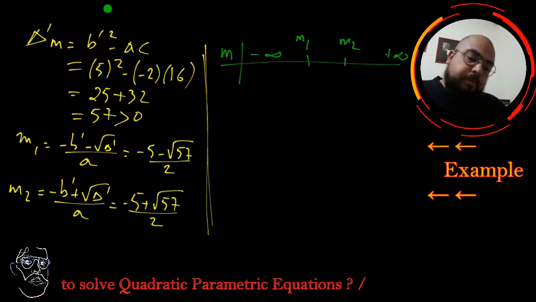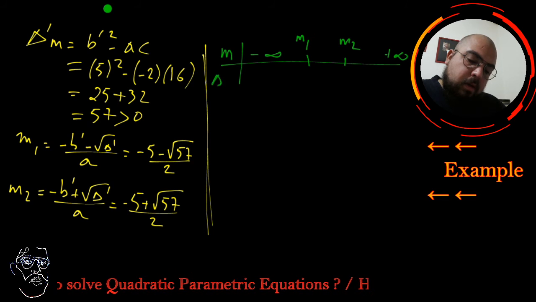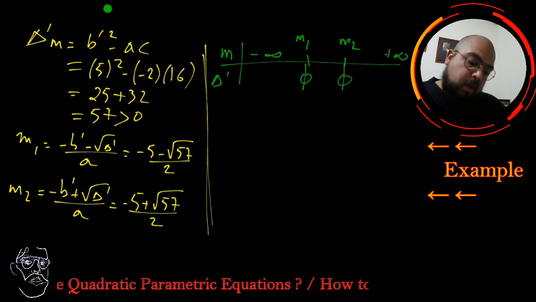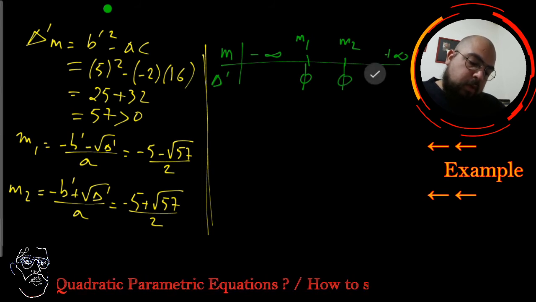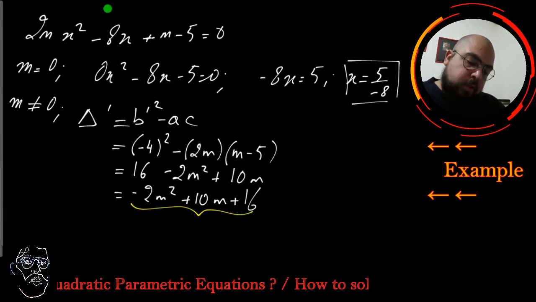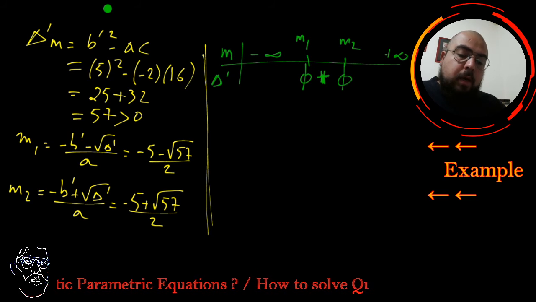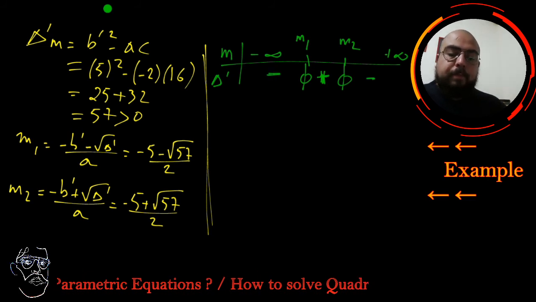Alright, so delta prime will be 0, 0, and then you will have to check it's minus 2m squared, so it will be positive in this region, negative outside m1 and m2.